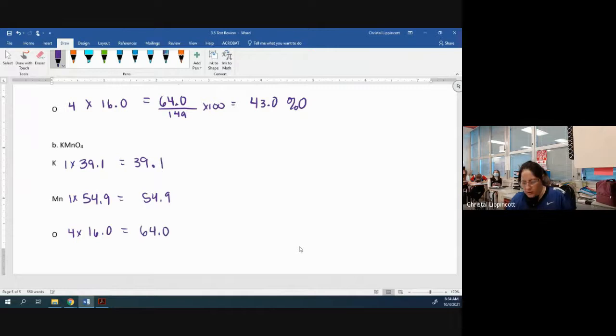All right, so I add those together and ended up with 158. So I'm going to take these and divide by my whole, and I multiply by 100.